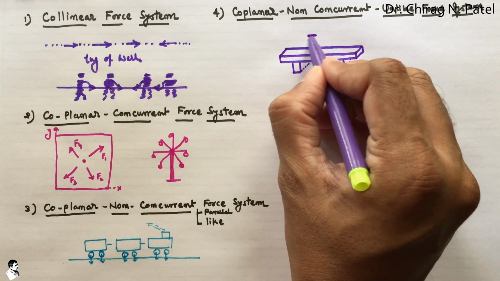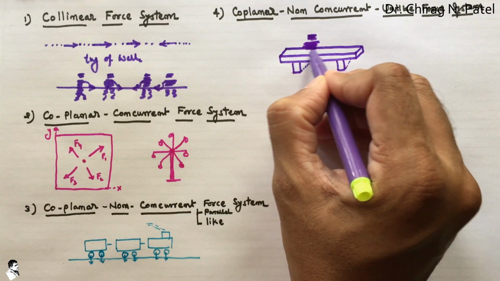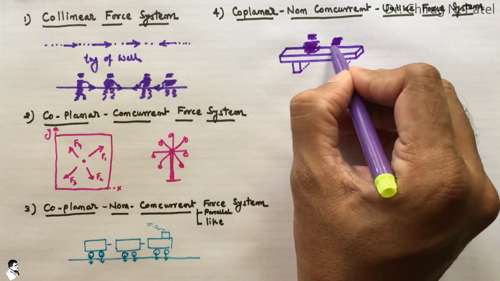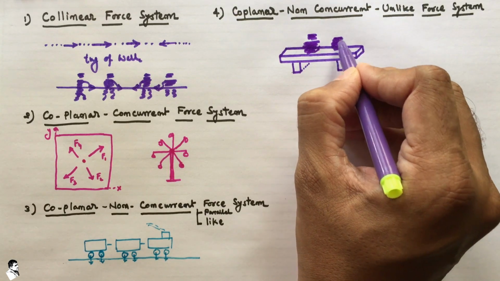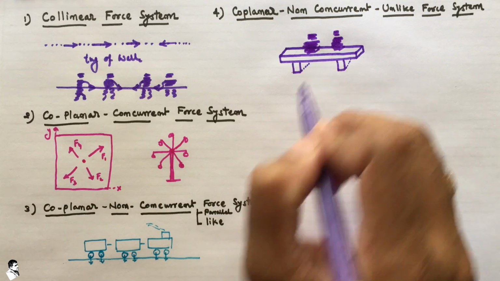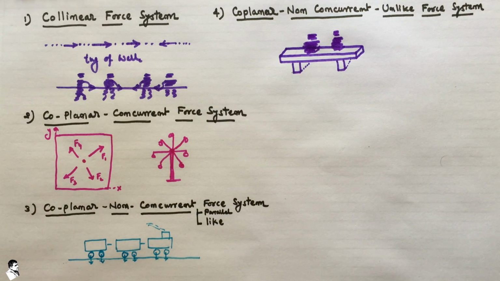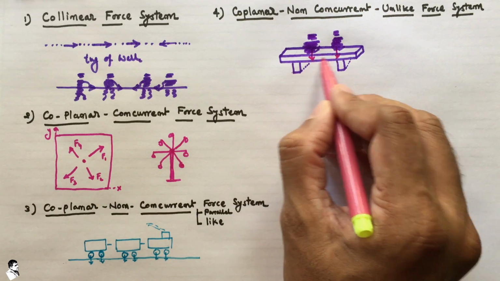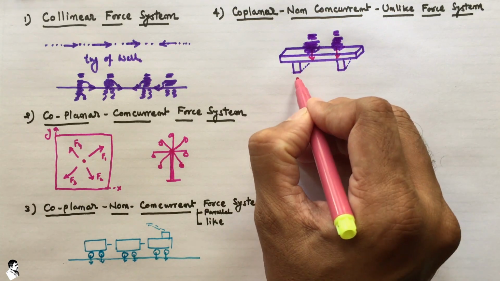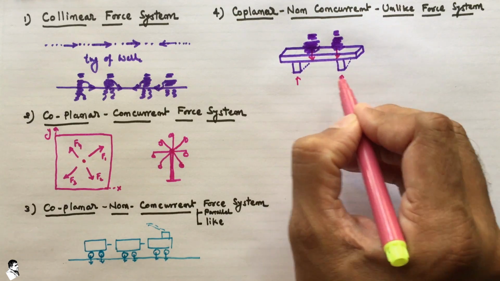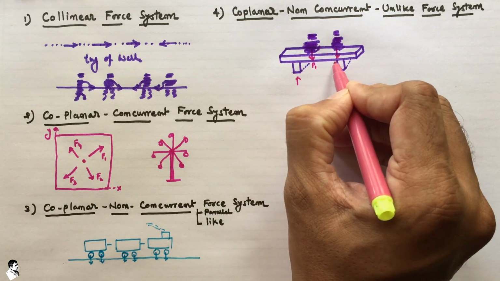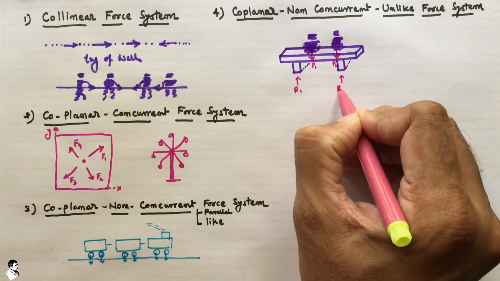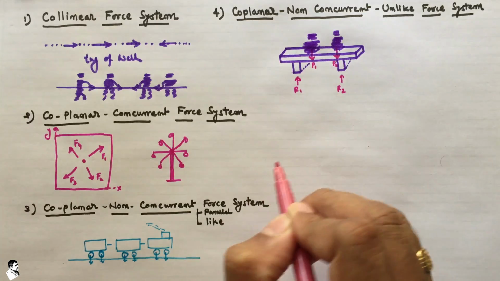If any persons are sitting on this, let us take two persons sitting here. Due to the weight of those persons, there will be a force at these 2 points, and in the same way there will be reactions. So write down, this is P1, this is P2, the reactions are R1 and R2.